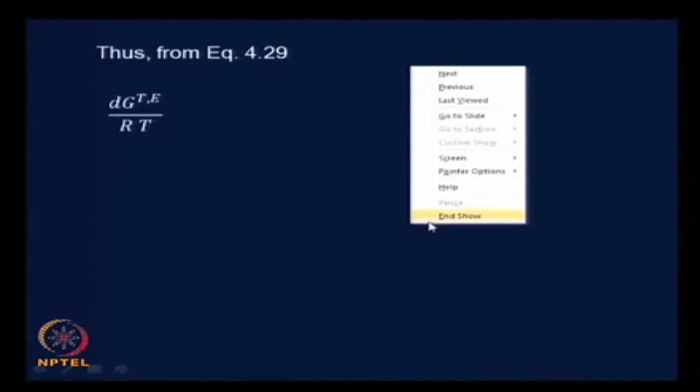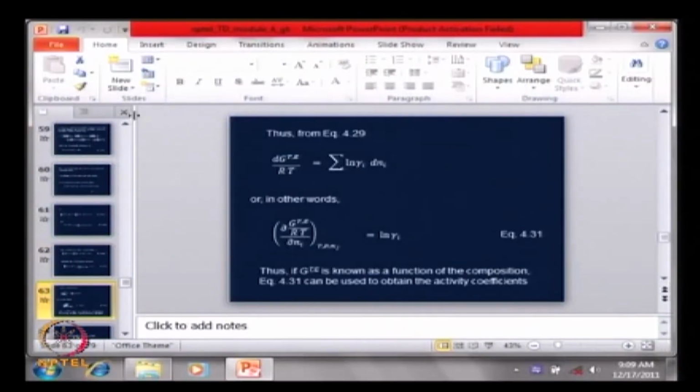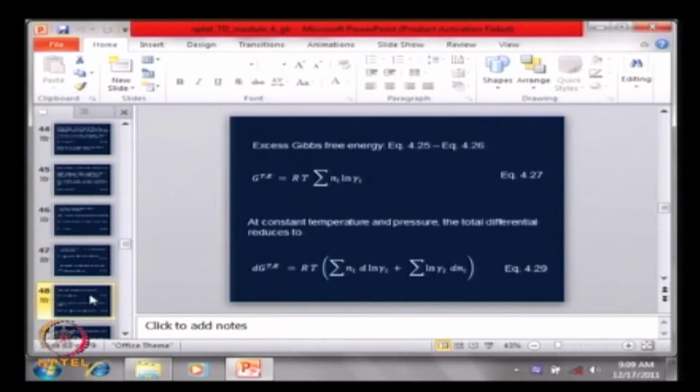Let us go forward from equation 429. Let us go back to equation 429 to refresh our memories. It has been a couple of classes before which we saw this. Yes, that was slide number 48 if I remember right.